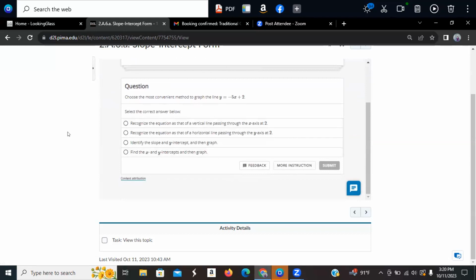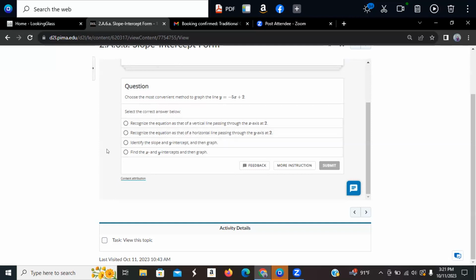So we've actually talked about this already, how to graph these. You first identify the slope and the y-intercept. Which of those answers says that? You don't actually have to determine the slope.